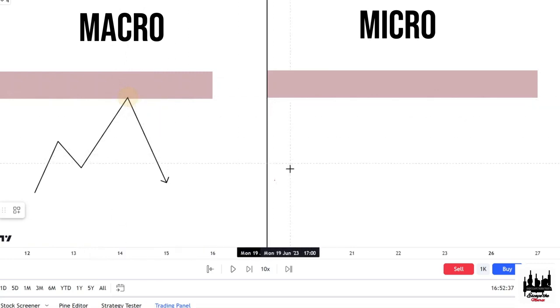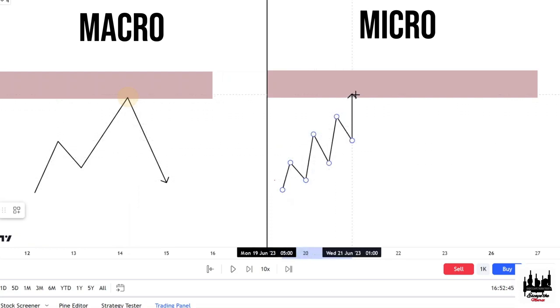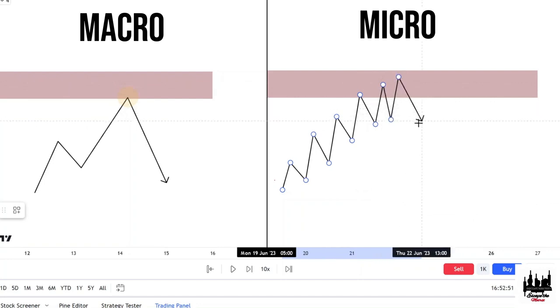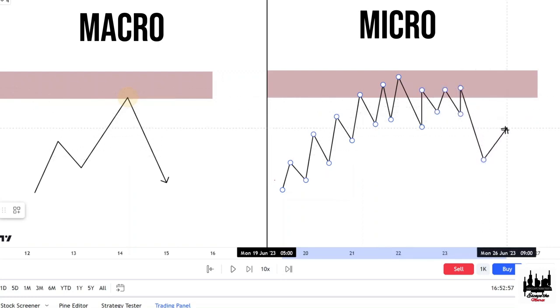But on micro time frames, you would see a more precise price action, like we said earlier, a microscopic view of the market. You would see price attempting that level multiple times, consolidating a little bit, forming your base, and then drop. And that's what the macro and the micro does.